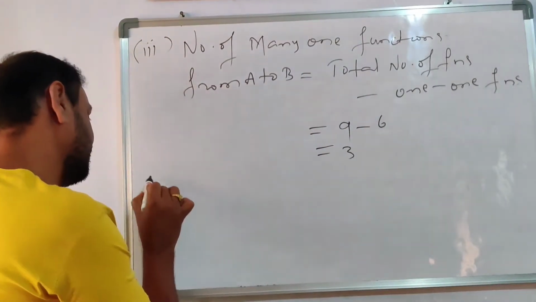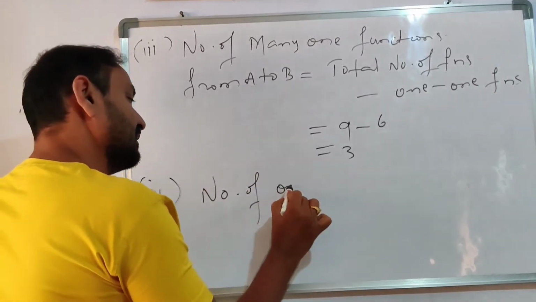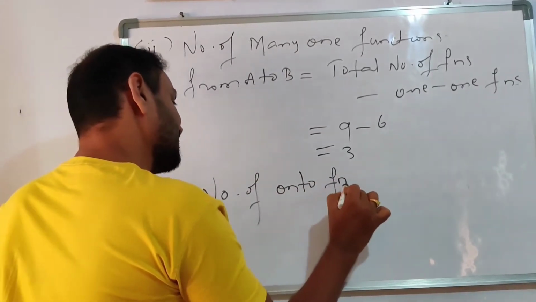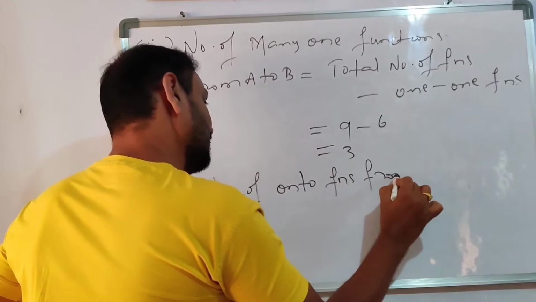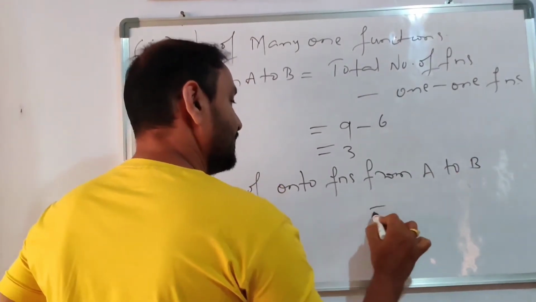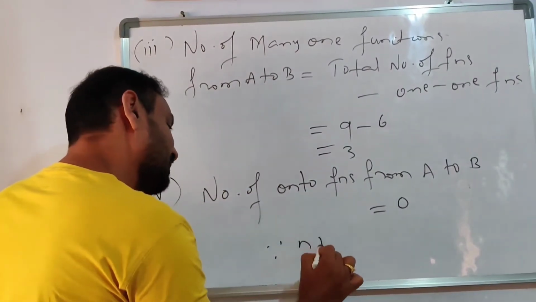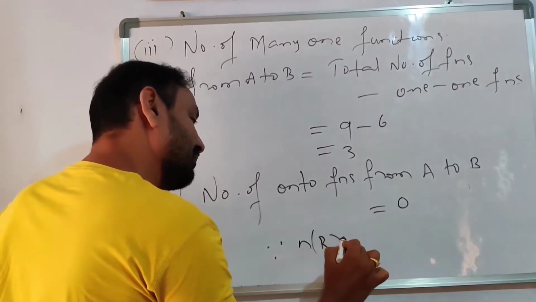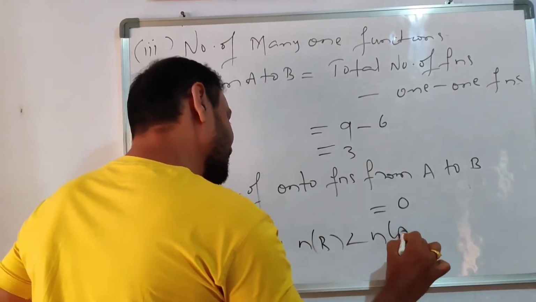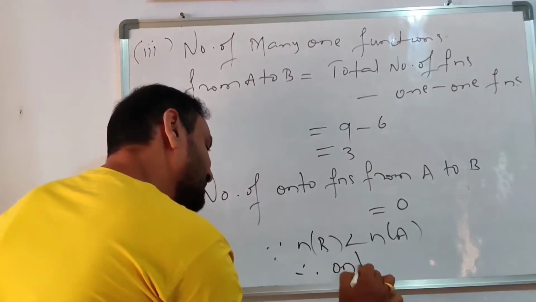Number 4: the number of onto functions from A to B is equal to 0, since the number of elements in B is less than the number of elements in A. That's why onto functions do not exist.